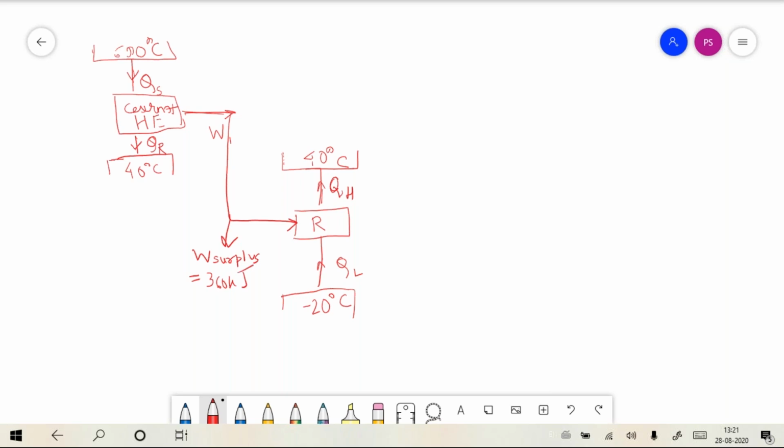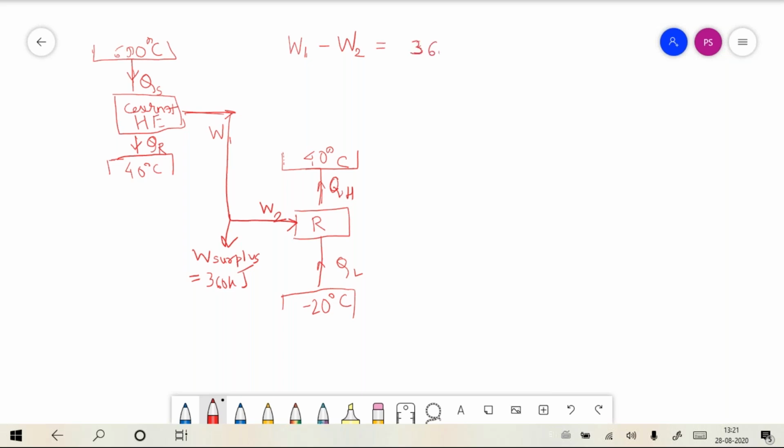If this is W1 and this is W2, then W2 is consumed by the refrigerator and W1 is produced by the engine. What is given is W1, the work of the heat engine, minus W2, the energy consumed by the refrigerator, is equal to 360 kilojoules.